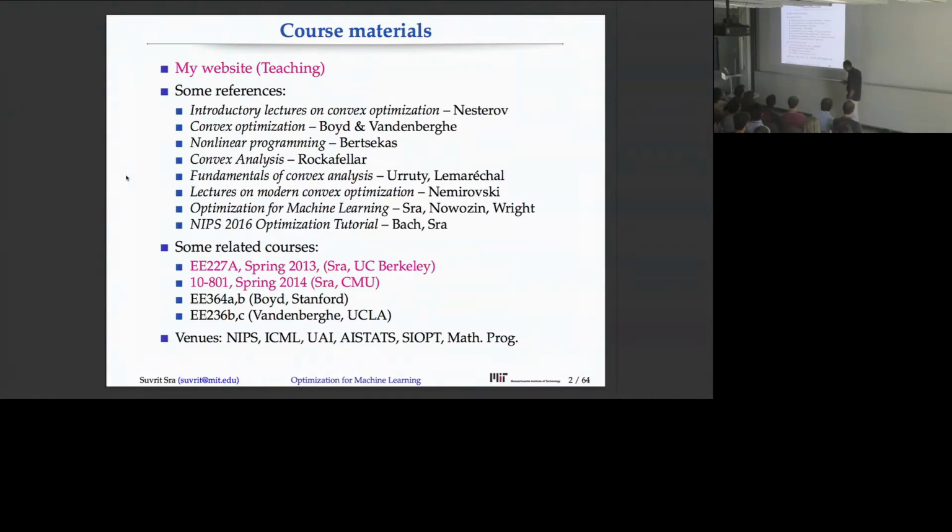Some of the useful material. My webpage has a link on teaching which contains several links to related material in much greater detail. For the second lecture, after establishing the vocabulary right now, I'm actually going to talk about algorithms that you should be aware of.